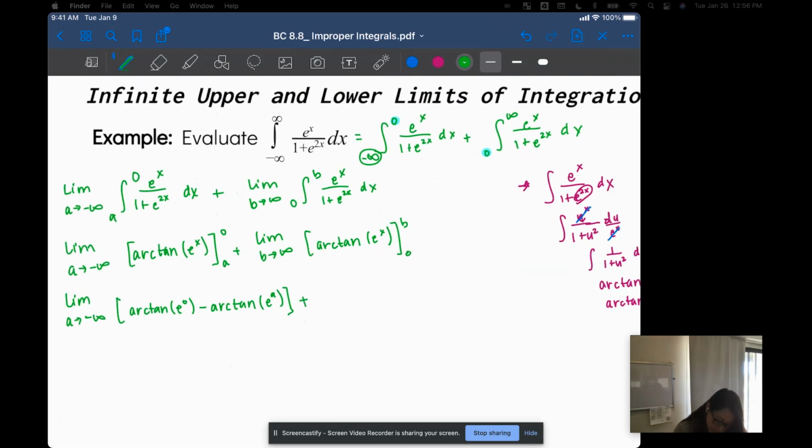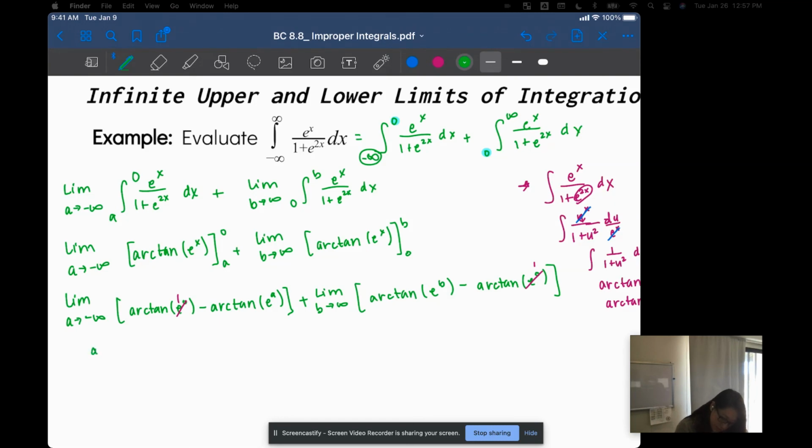plus the limit as b approaches infinity of arctan of e to the b minus arctan of e to the 0. Okay, cool. E to the 0 is 1. And so I am going to go ahead and apply my limits now.